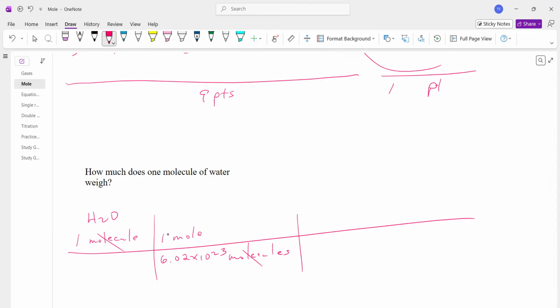Now for moles, where are we going to go? Grams, okay? So moles has to cancel. All right, we're there. Molecules to grams.